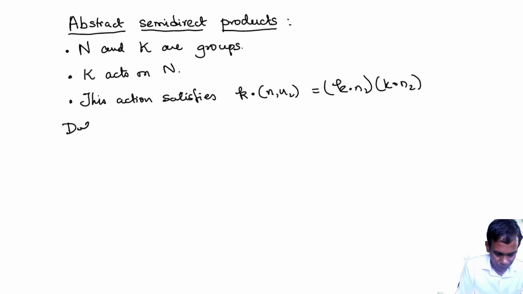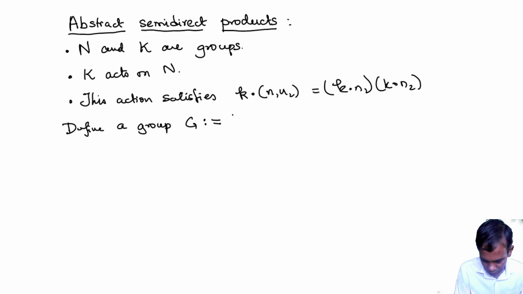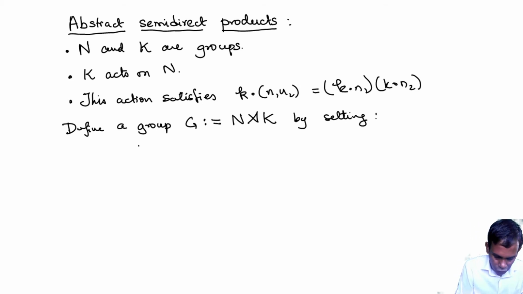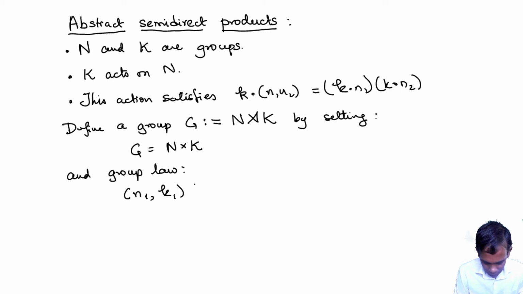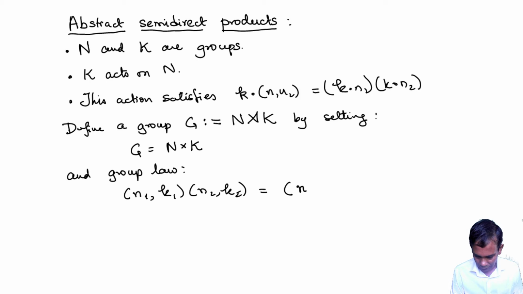Now define a group G equals N semidirect product K. This is called the abstract semidirect product of N and K by setting, as a set, G to be just the Cartesian product of N and K, and group law given by n1 k1 multiplied by n2 k2 is equal to n1 times k1 dot n2, and k1 k2.